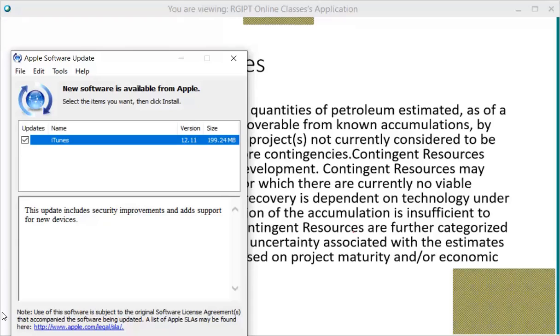That will become your reserves. Let's say you build an LNG plant. If you now have an LNG plant, then you can convert that gas into LNG and then export it to other countries.